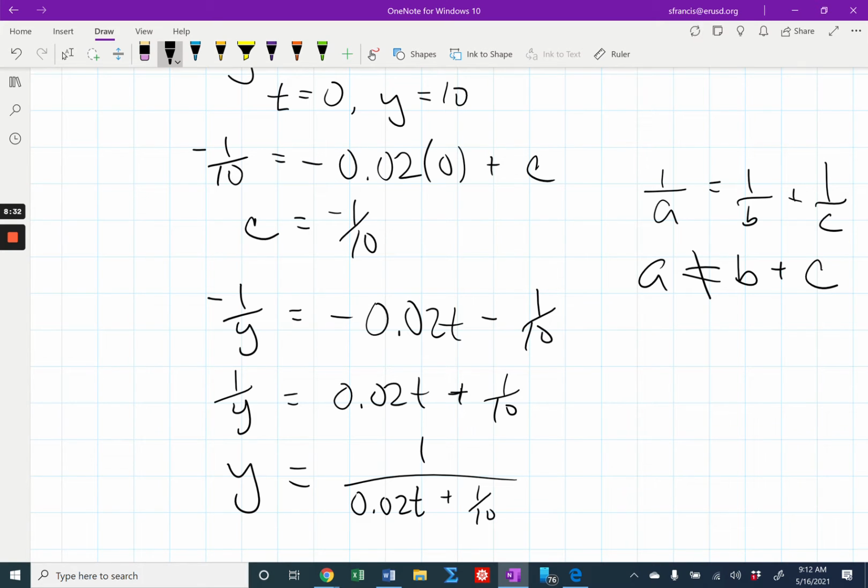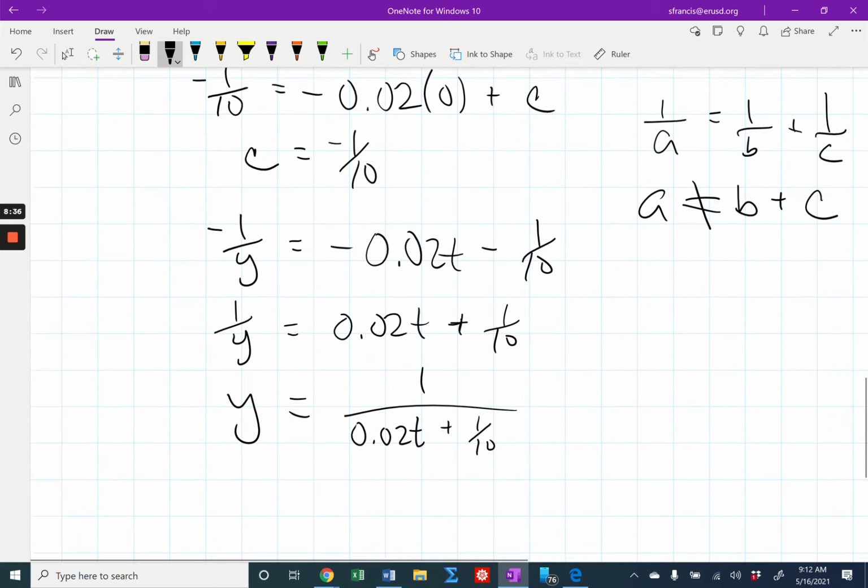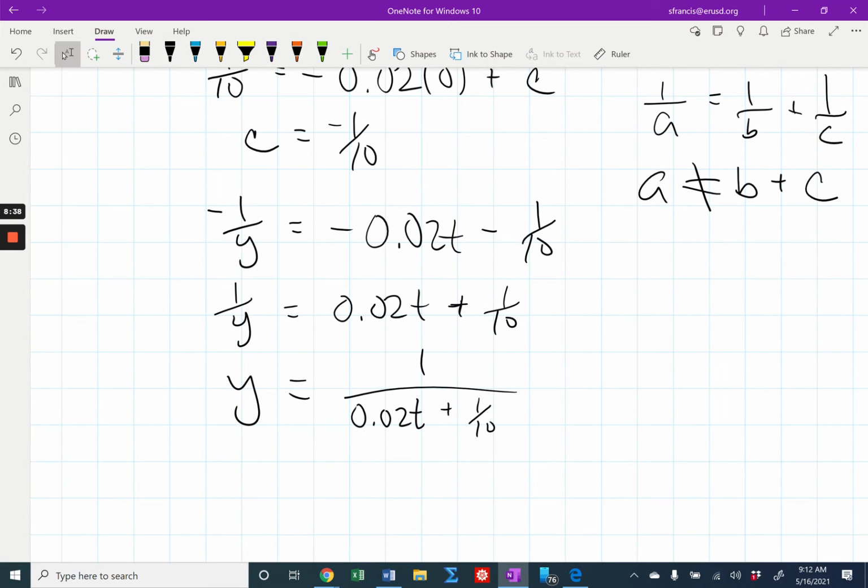It's equivalent to this, which is the answer they give in the solution, but some of you got, I can't remember, it's like 50 over t plus 5, I think, and it's equivalent to this. If you multiply through by 50 in the numerator and denominator, you're going to get 5 over here, and this is 1/50th, I believe. So that's the way you can do it.